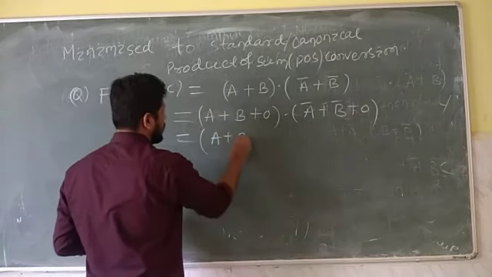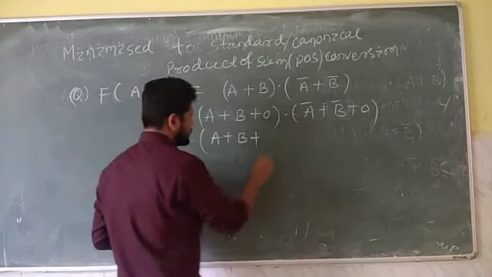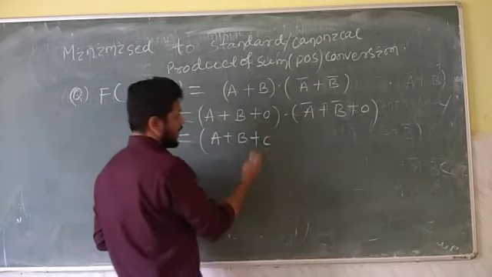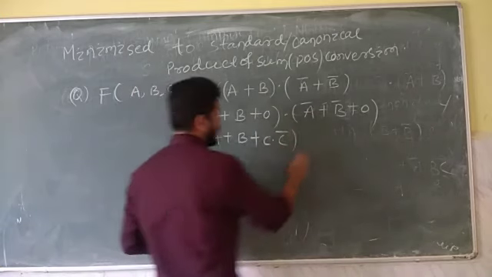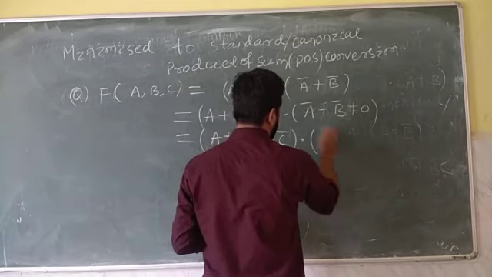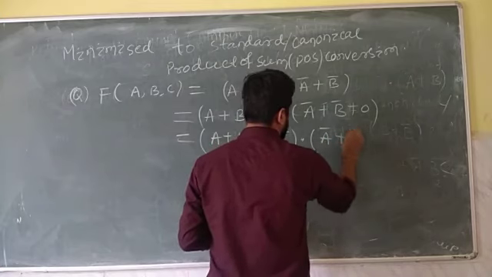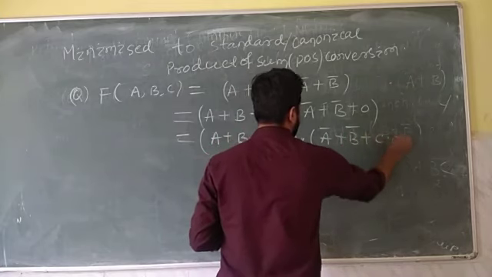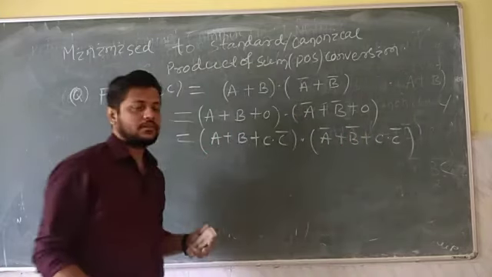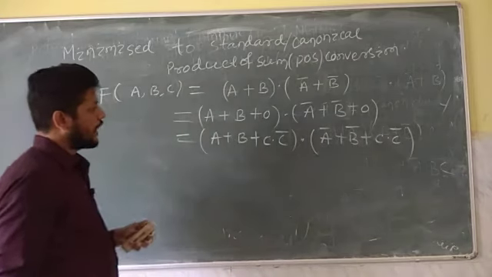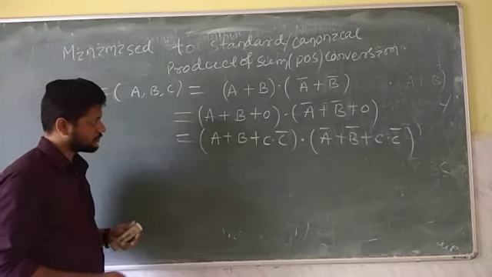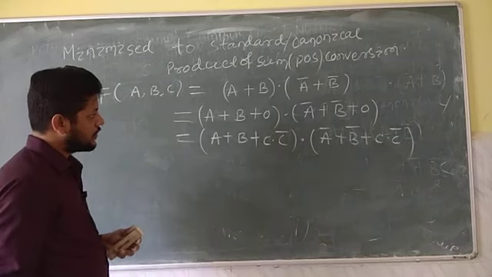A or b or c dot c bar, and a bar or b bar or c dot c bar. Then how to write this expression?